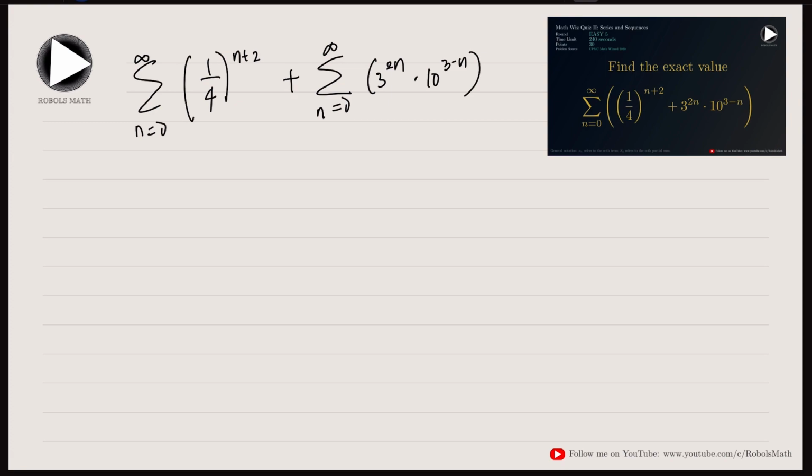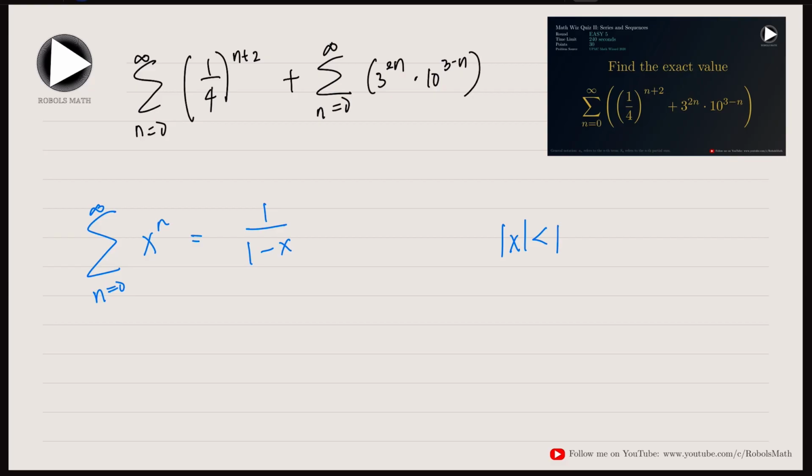Both of them take a form quite similar to the geometric series x to the n. Now remember that for the absolute value of x less than 1, the sum of this infinite series is 1 over 1 minus x.